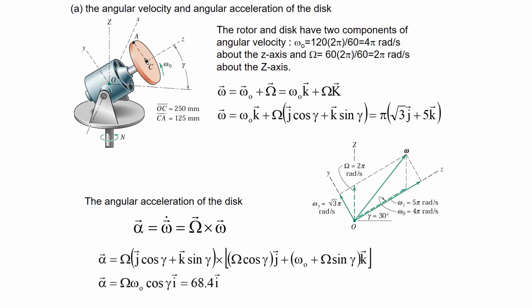So what we have finally is the angular velocity of any point on the disk, and the angular acceleration of any point on the disk, in terms of small ijk. Did you follow it? It's not very difficult, right? Except that now we are dealing with all ijk.